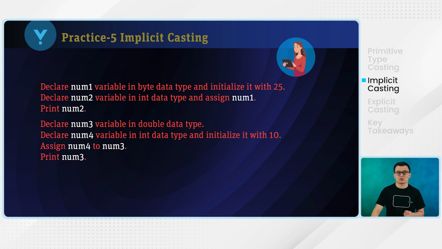Since this is implicit casting, you are not required to use any casting operator yourself. Then declare a variable num3 with the data type double, and a variable num4 with the data type int, initialized with 10. Assign num4 to num3. At the end, print num2 and num3. Let's take a look at this example together.